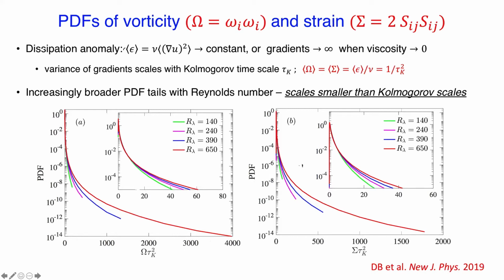Furthermore, it can be seen that the enstrophy, or basically I'll call it just vorticity, extends to much larger values than the magnitude of strain, which is to say that vorticity is more intermittent than strain. Since we normalized with the Kolmogorov scale and we are seeing events which are some 1,000 times the mean, this hints that there are scales smaller than Kolmogorov scales, and that is what we want to look at also.